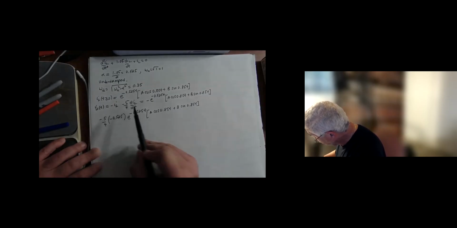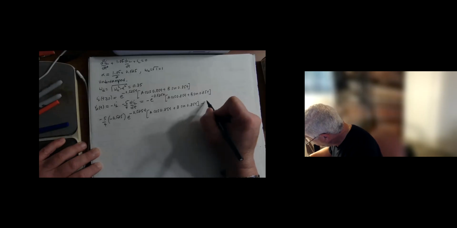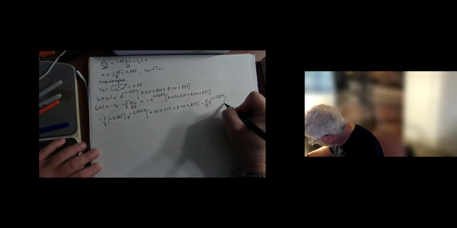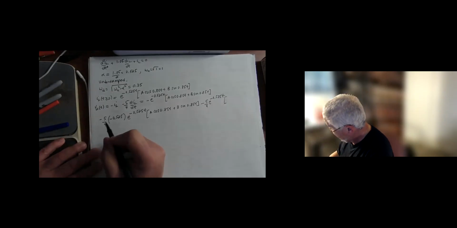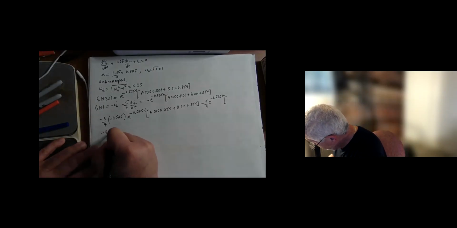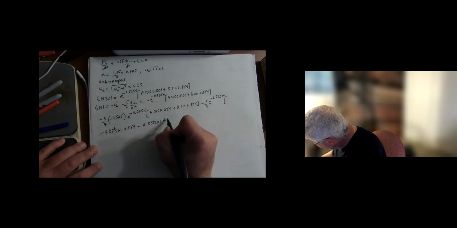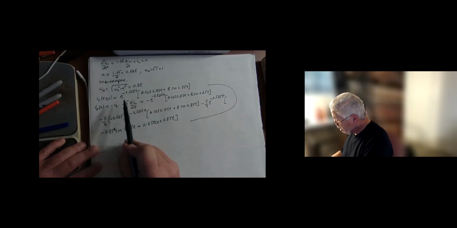So minus 5/4 e to the minus 0.525t times the derivative of this, so minus 0.85 a sine 0.85t plus 0.85 b cosine 0.85t. Okay, so this entire thing is what you get from this function.